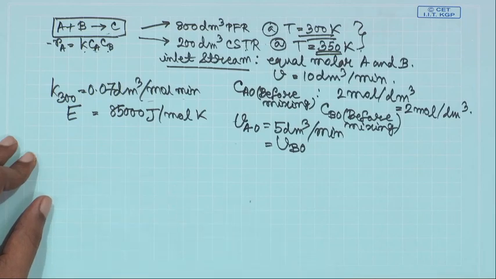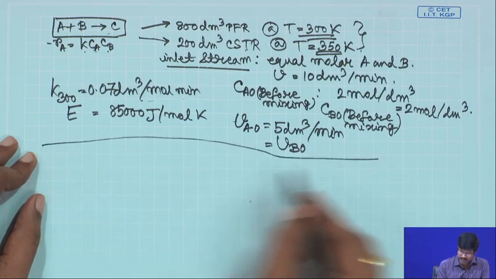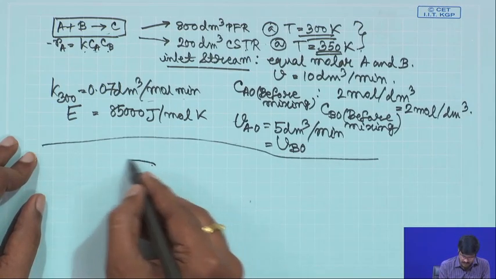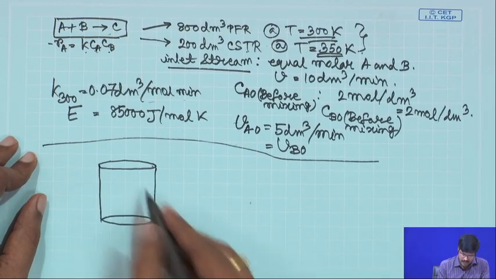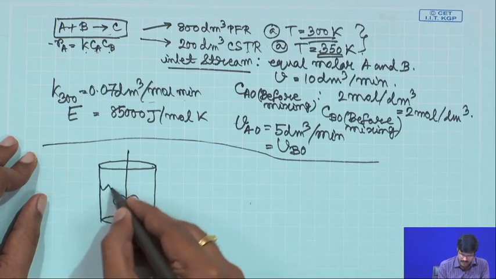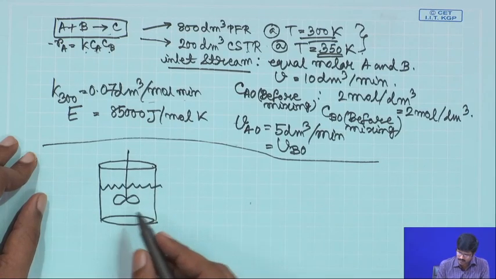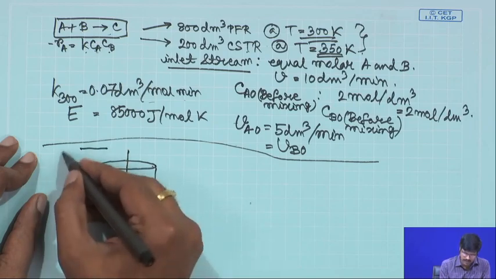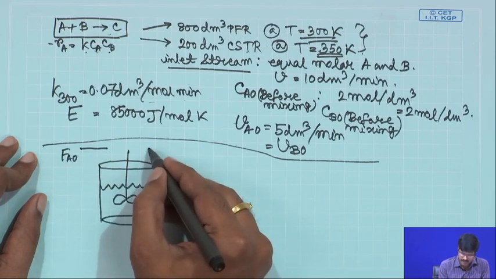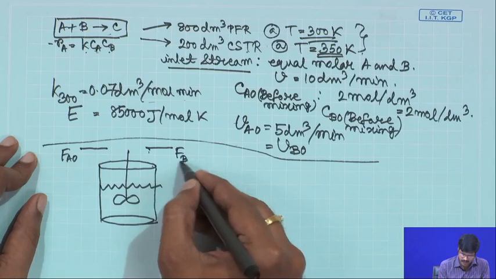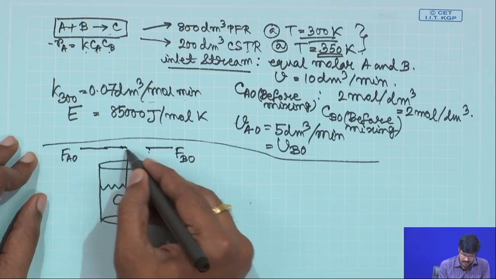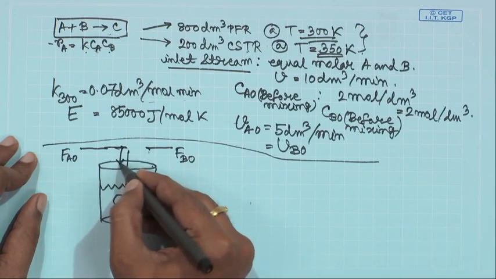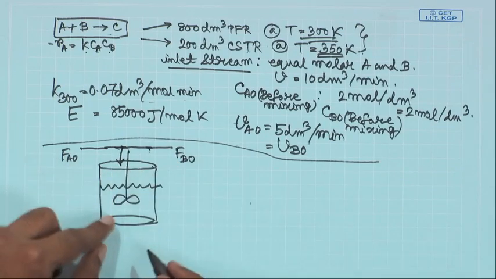If you want to depict this pictorially, at least for the CSTR we will depict it, and you can do this for the PFR afterwards. It is something like this. You have the CSTR, this is the stirrer, and this is the reaction mixture where it is operating. One stream is coming in for A separately, another stream is coming in for B separately, and they come together and enter the reactor.